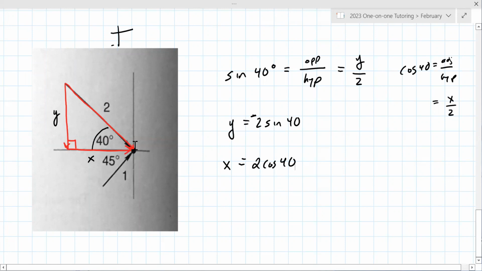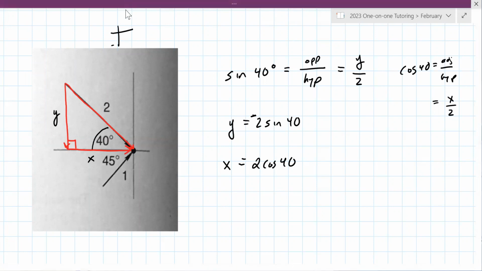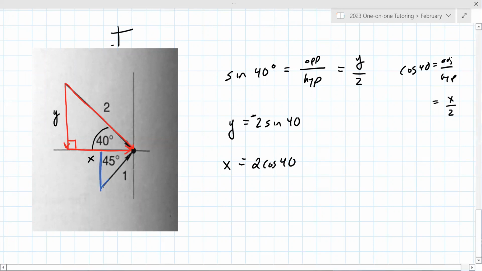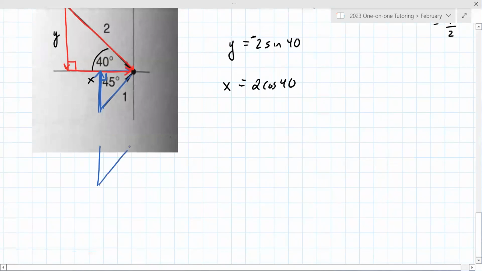Yes. All right, now we do the same thing for the other one. We draw a triangle. Another right triangle, but this vector is broken up into a vertical and a horizontal component. Since there's a lot going on here, let me redraw it without all the other stuff.